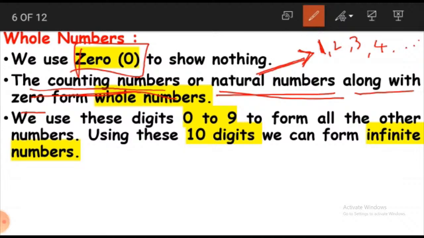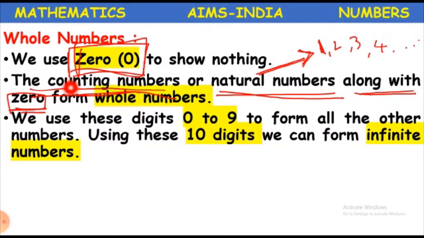And what do we use 0 for? We use 0 to show nothing. The counting numbers, which are the 1, 2, 3, 4, along with 0 form whole numbers.